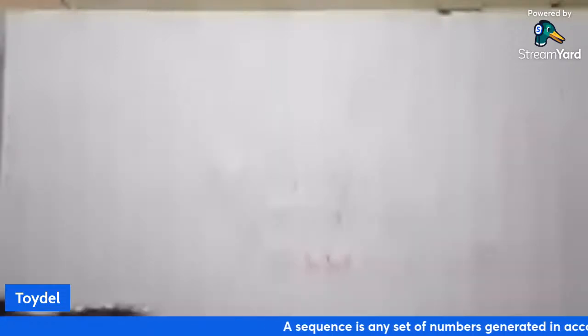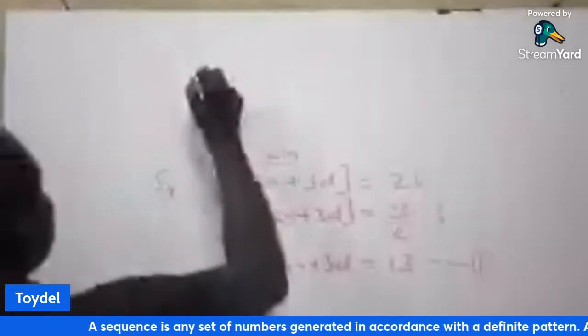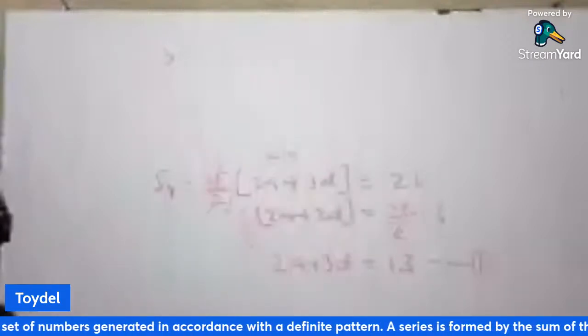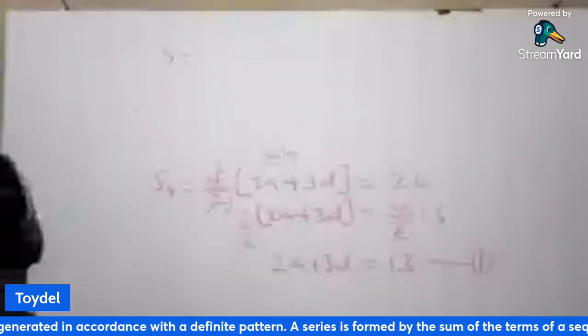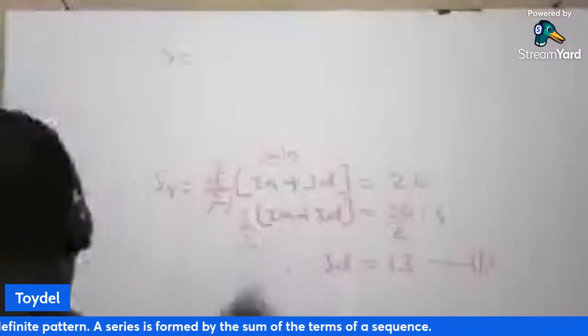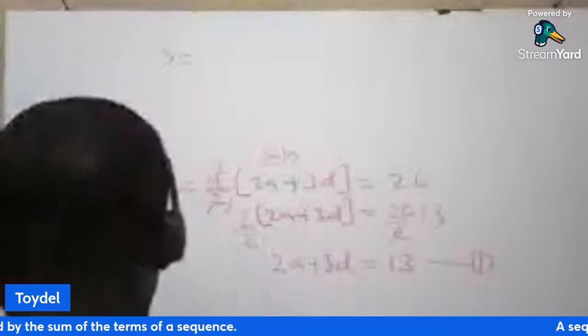Then the second part of the question now says that of the next four. This is the first four. Then from S8 minus S4, the next four is given as 74.